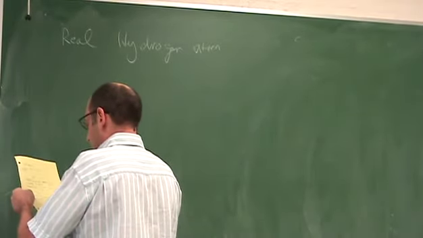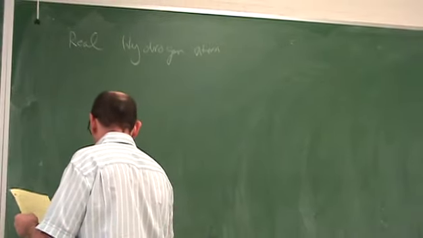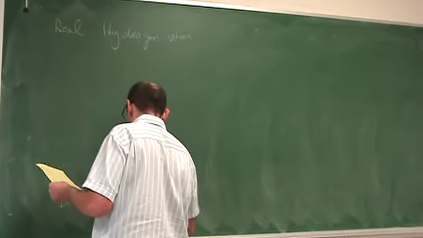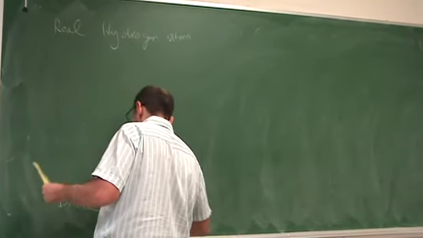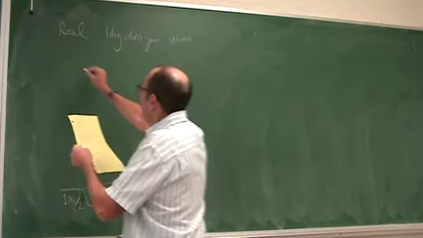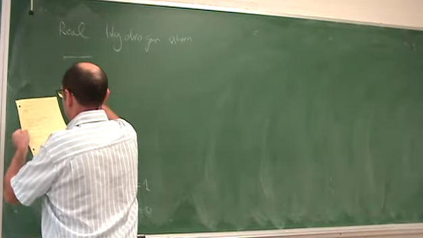So we said we have the 1s 1/2 ground state, which got split up into an F equals 1 and an F equals 0 hyperfine manifold. We have the excited states now.